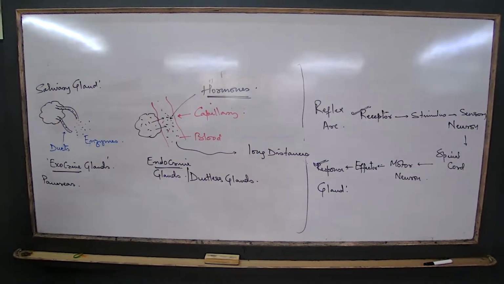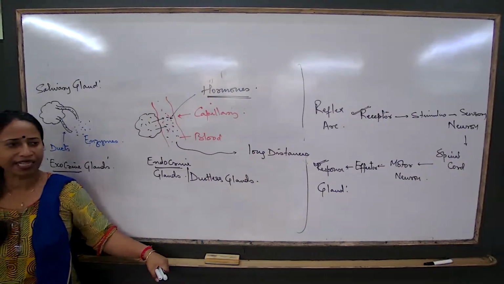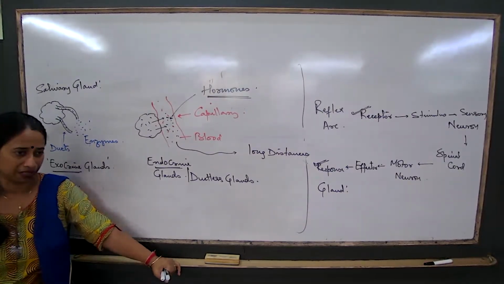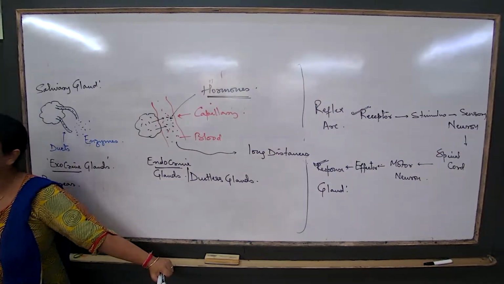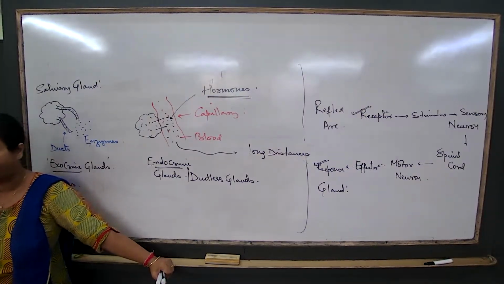Insulin. If I talk about one particular endocrine gland, just try to understand how far hormones can travel. I talk about an endocrine gland known as the pituitary gland. We will learn that. Where is the pituitary gland? Near the brain.